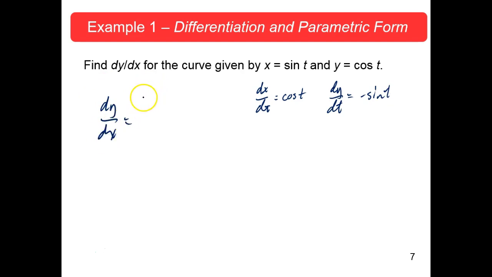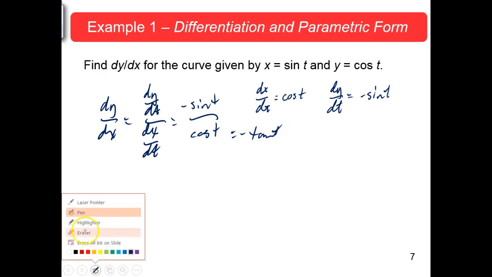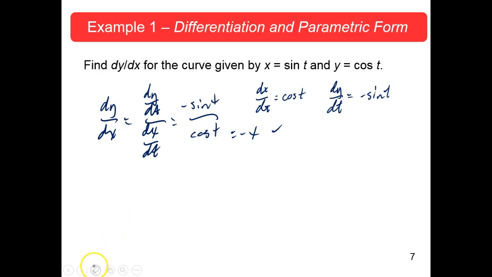That would be dy/dt over dx/dt. Just like the symbols look, that would be minus sine t over cosine t, which would be negative tangent t. Perfect.